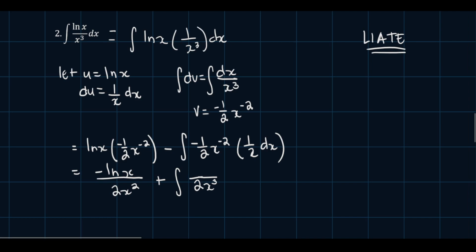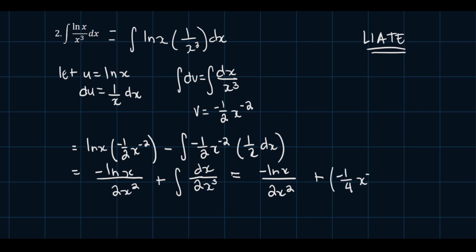So this will now be dx over 2x cubed, which is easier again to get the integral or the antiderivative. Okay, negative ln x over 2x squared plus this part here, we can simply apply the power rule to get that its antiderivative is negative 1/4 x raised to negative 2.